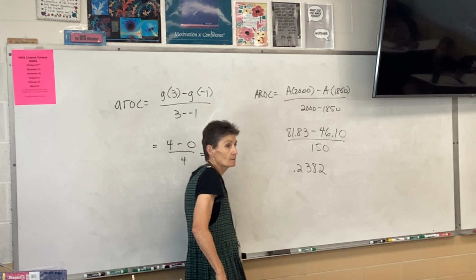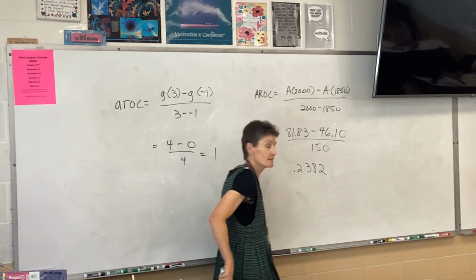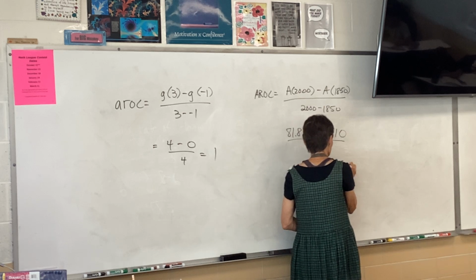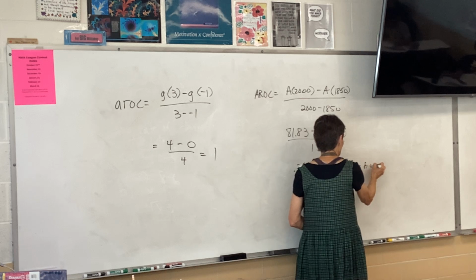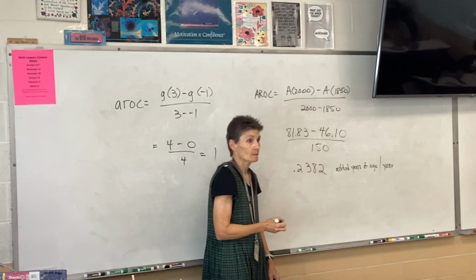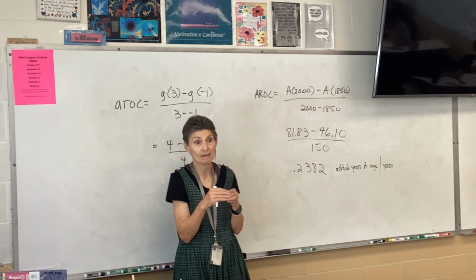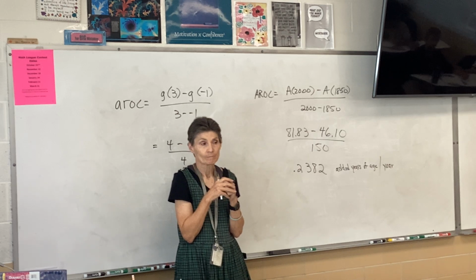Age growth per year. Okay, that would be a good way to say it. Added years of age per year of past time. So in other words, every year that goes on, you can expect to live 0.2382 years longer.